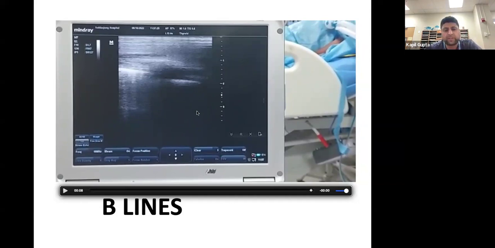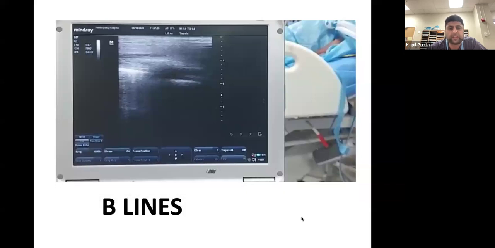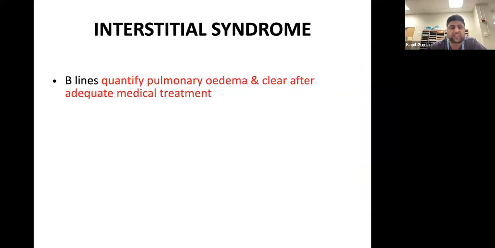So there was hypervolemia. We gave Lasix, and there was some urine output. So we didn't even have to intubate this patient, and he was managed and he was fine. So the importance is that B lines quantify pulmonary edema and they clear after adequate medical treatment. As the urine was coming out, we realized the B lines decreased every half an hour. Within a couple of hours, the patient was absolutely fine.